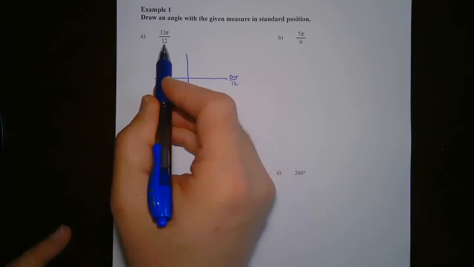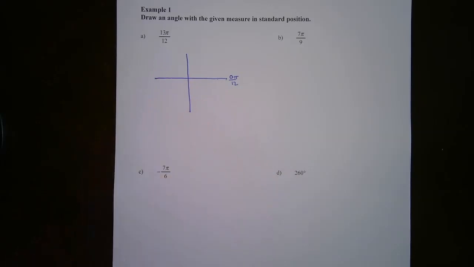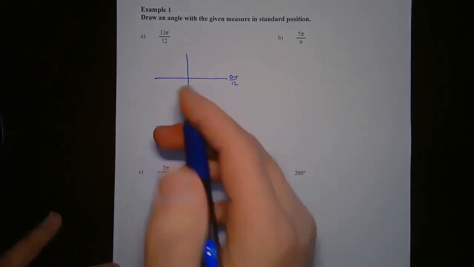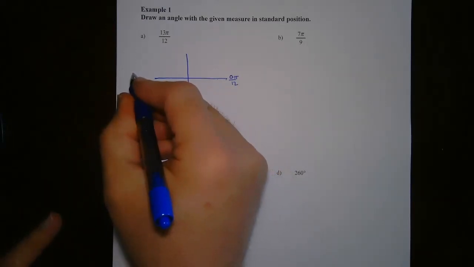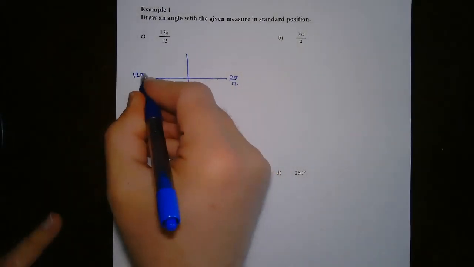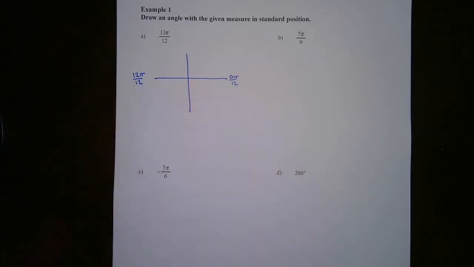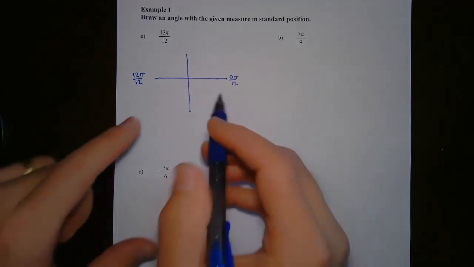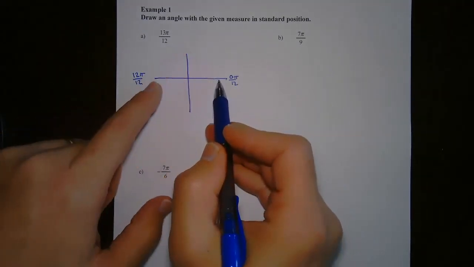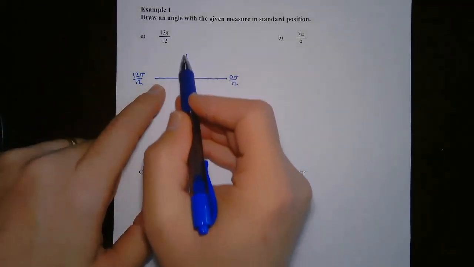Because my denominator is 12, how can I write pi with a denominator of 12? Well, it would be 12 pi over 12. So right here is 12 pi over 12. Because what's 12 pi over 12? It's pi, okay? Now, if going from here to here is 12 pi over 12, then this would be half of that, right?